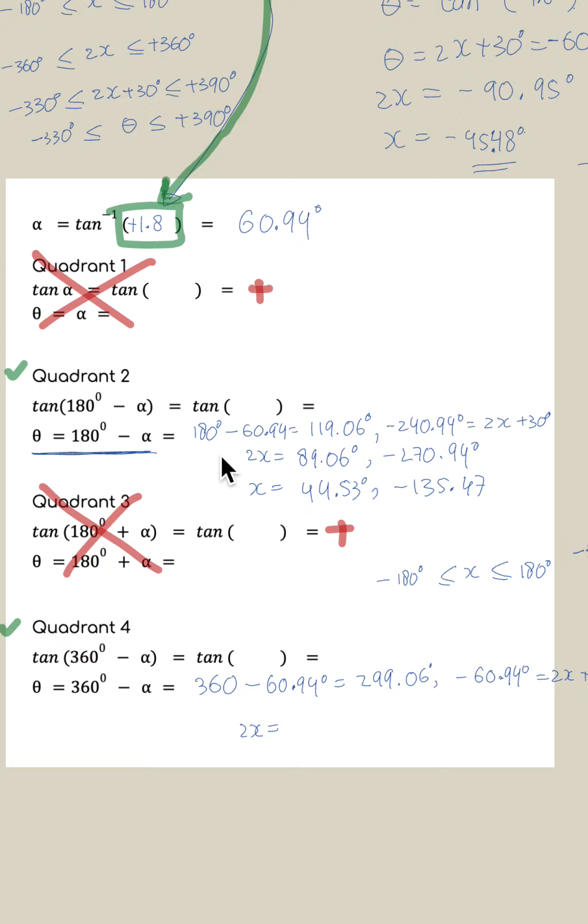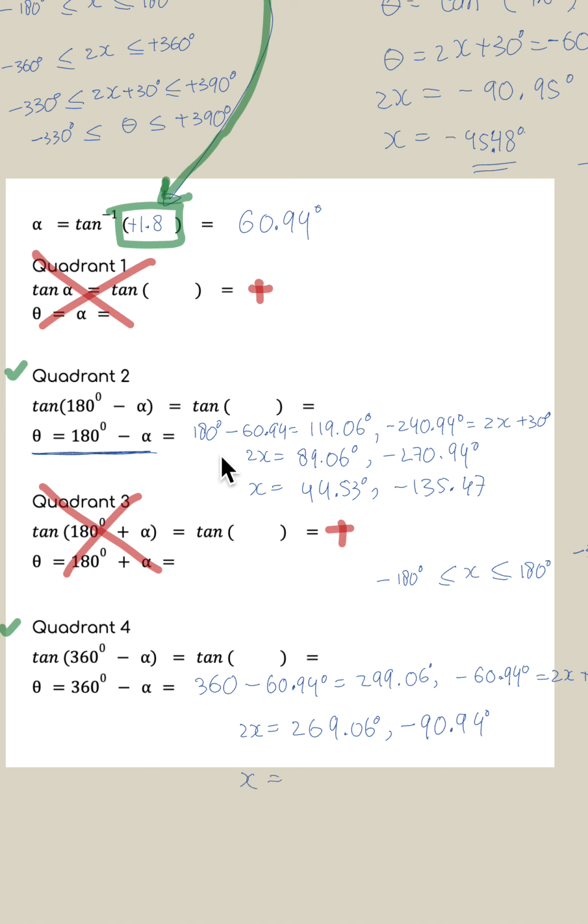So 299.06 minus 30 degree, and how much do you get? You get 269.06 degree. How about the other one? Negative 60.94, you minus away 30 degree, you're going to get negative 90.94 degree. Is that the answer yet?